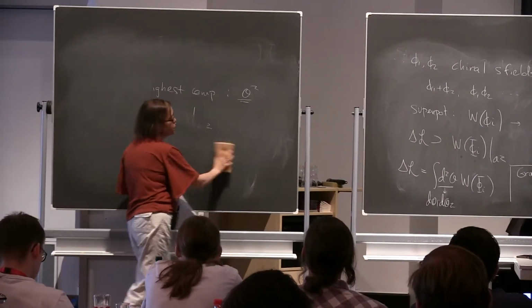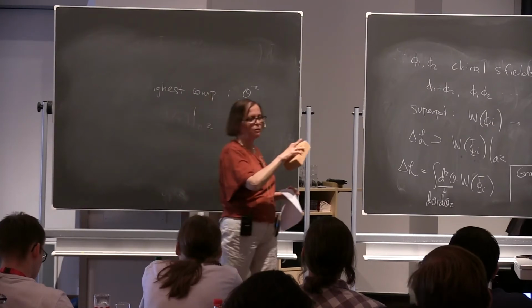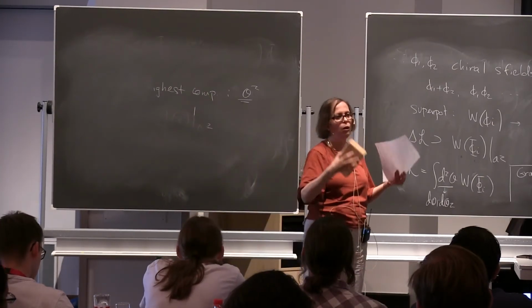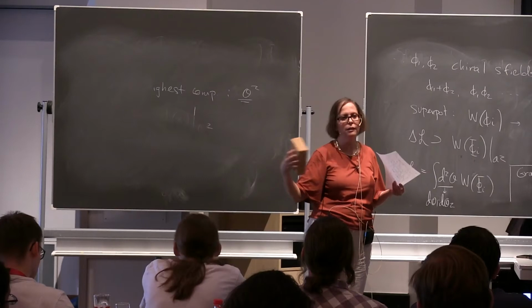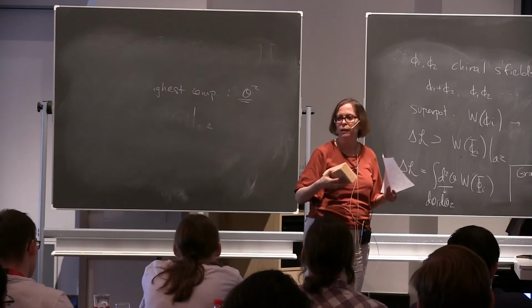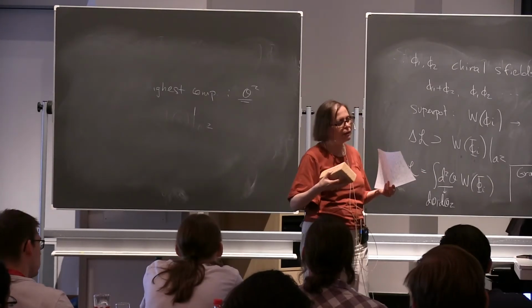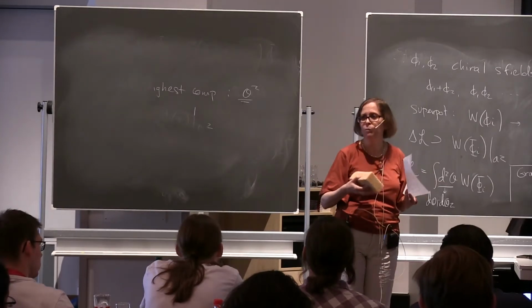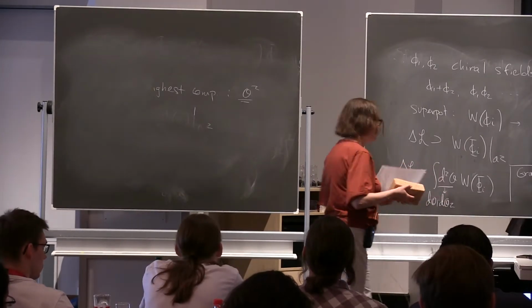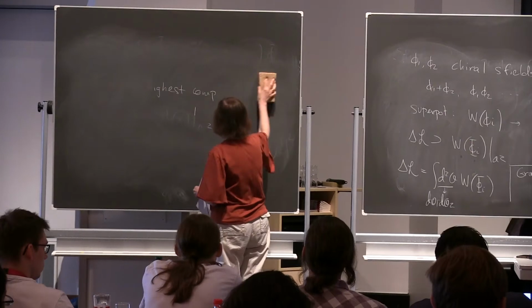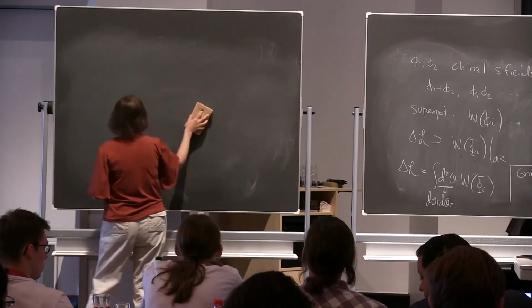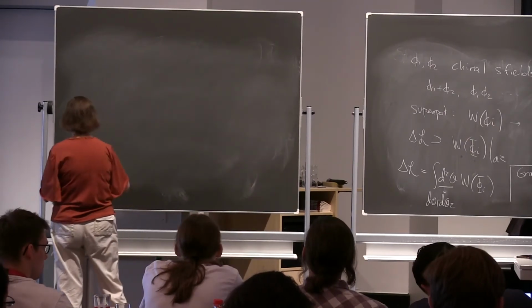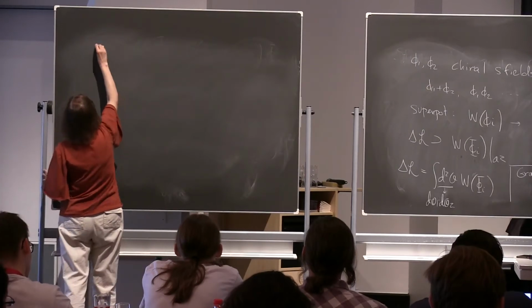Remember, the chiral superfield was something that had a complex scalar and a fermion and other things, but it had a complex scalar. For a vector field, we need something that's real, because a vector field is real. So we need to introduce another sort of superfield, which is the real superfield.